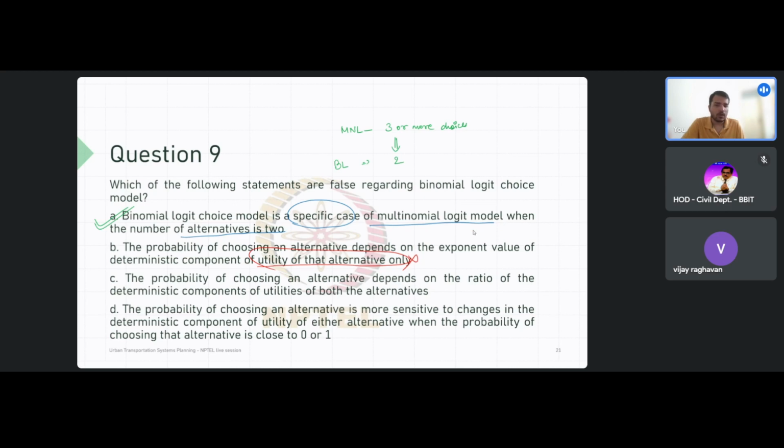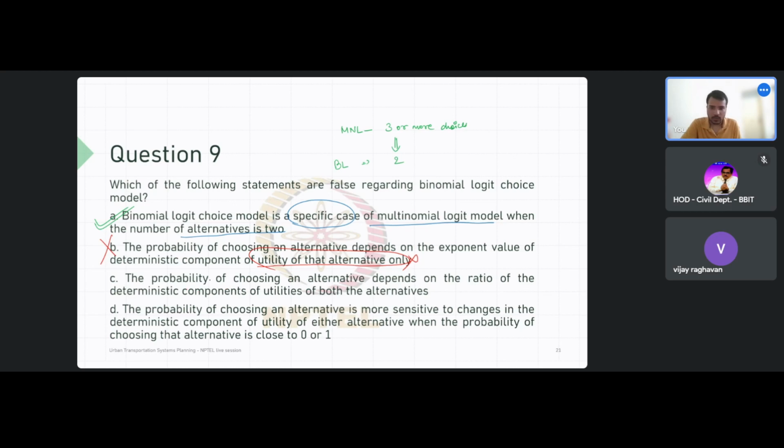It will also depend on our personal vehicle's condition. If the personal vehicle is not in a condition to move, we will definitely take the bus. So we cannot say that the probability of choosing a bus will depend on the utility of the bus only. It depends on all the mode choices that we are considering. So B we can remove.